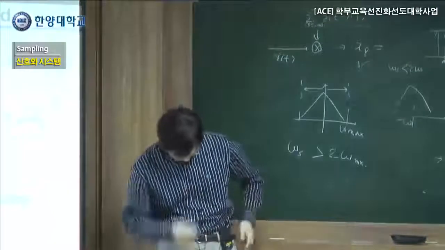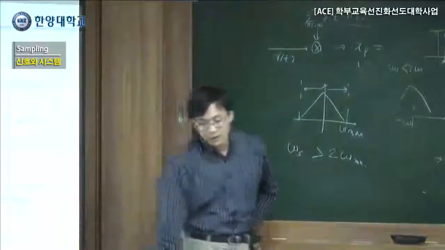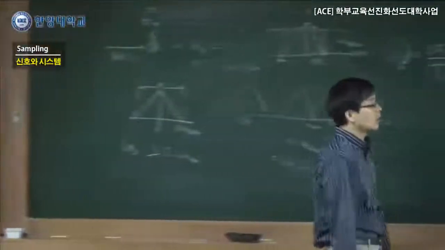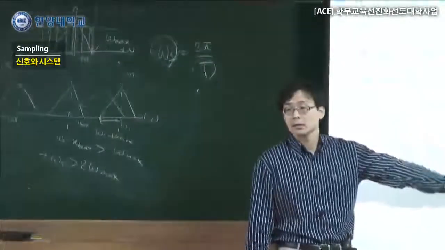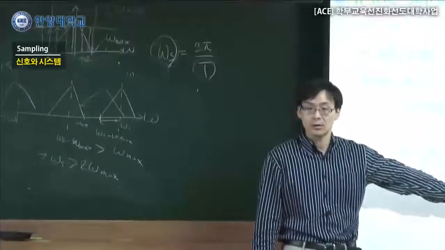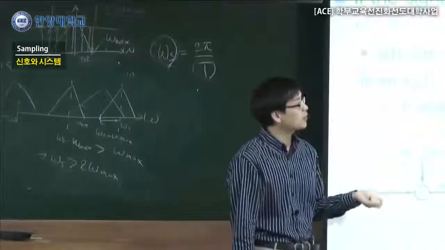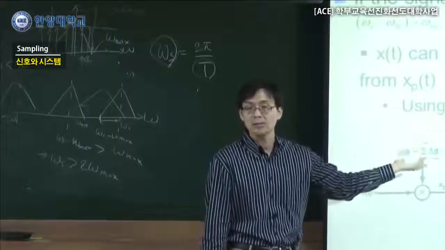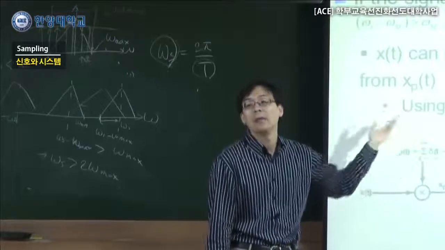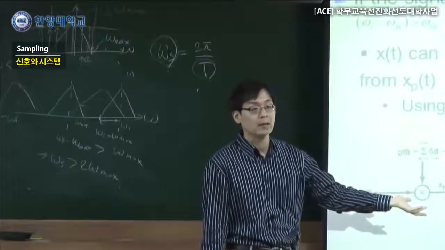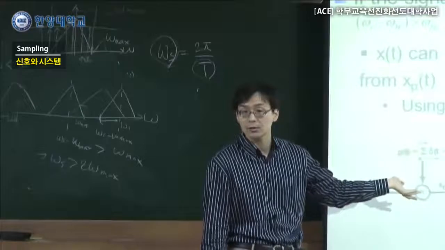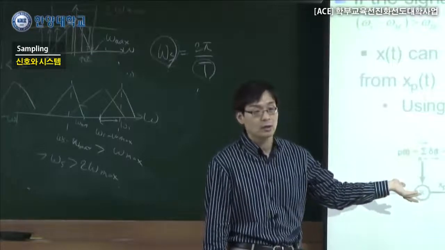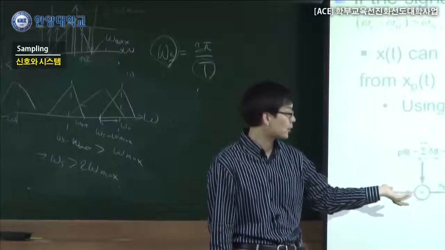We briefly talk about that. How do we go back to the original signal? Here, I briefly mentioned that we first convert the continuous time signal to a discrete time signal, and then go back to a continuous time signal by passing through a low-pass filter, right? That's the process over here.